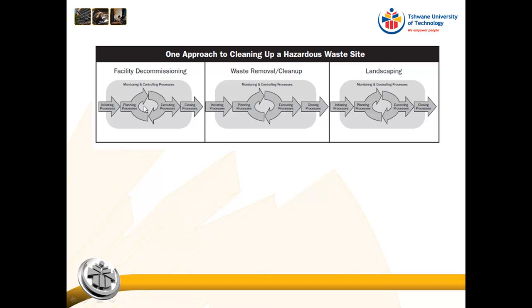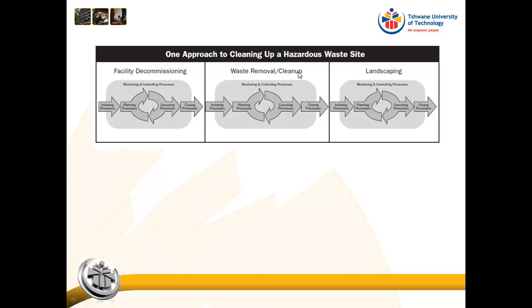So to do that, you have a project. You initiate, you plan, you execute, you monitor and control, and you close. Now once all the old mine equipment has been decommissioned, you then want to have waste removal and cleanup.